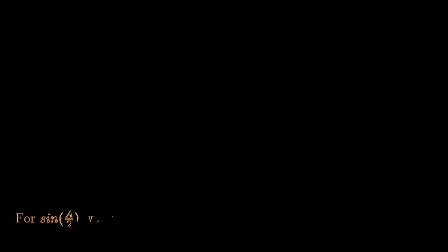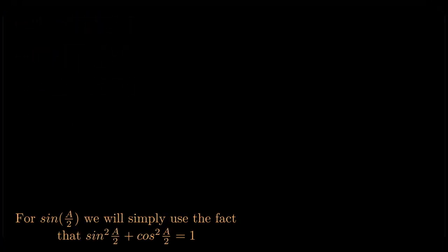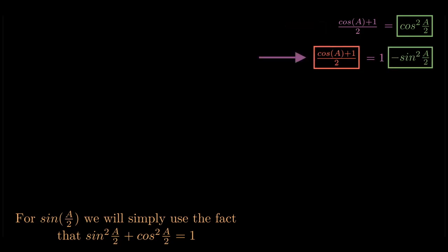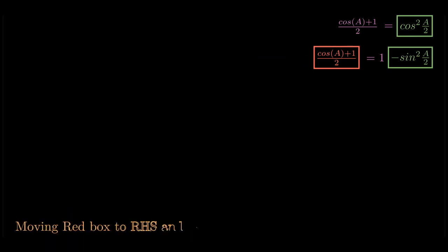For sine of a by 2, we will simply use the fact that sine squared a by 2 plus cos squared a by 2 equals 1. So let's start with cos a plus 1 divided by 2 equals cos squared a by 2, which we just saw. And on the right-hand side, instead of cos squared a by 2, let's use 1 minus sine squared a by 2.